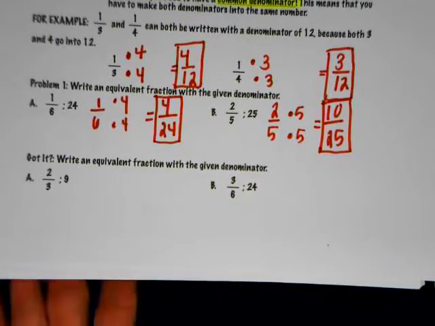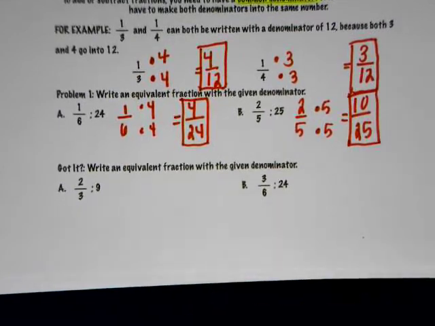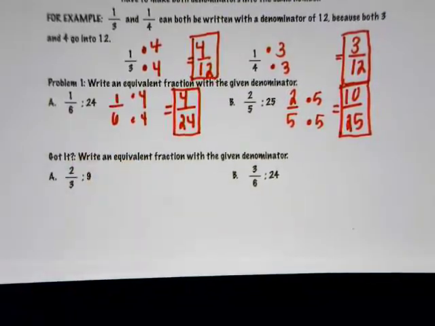So these last bottom 2. Okay, we good? Yeah?